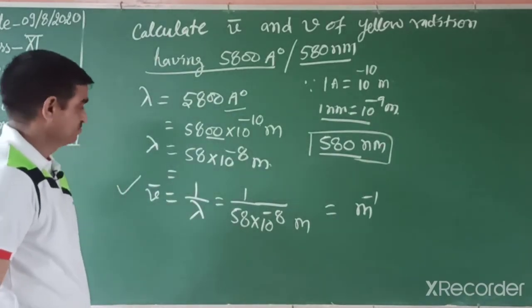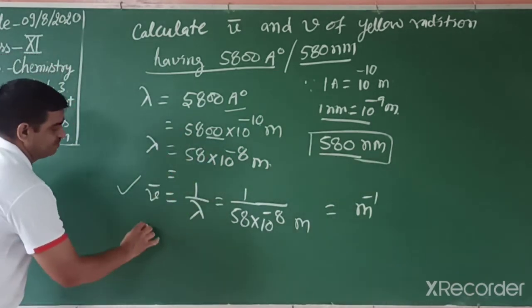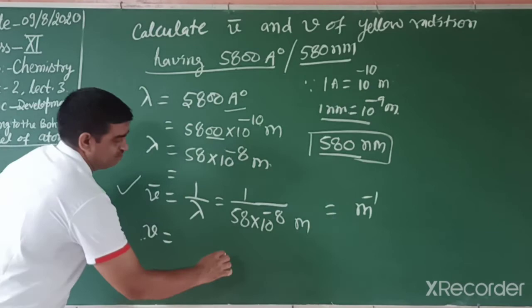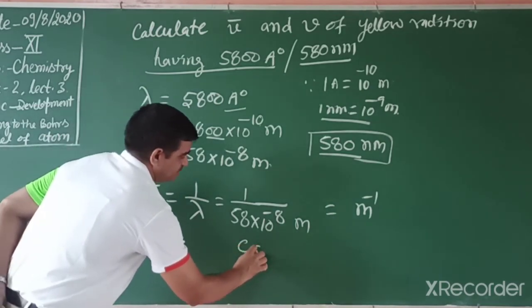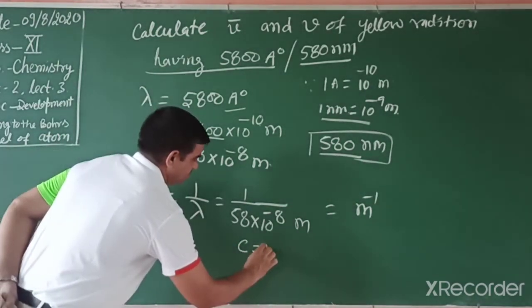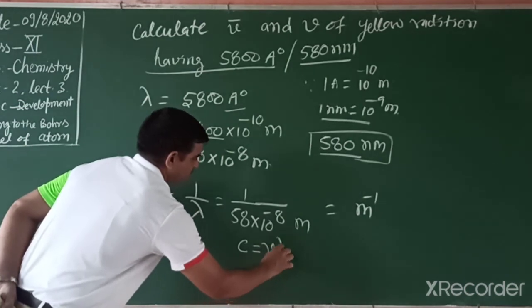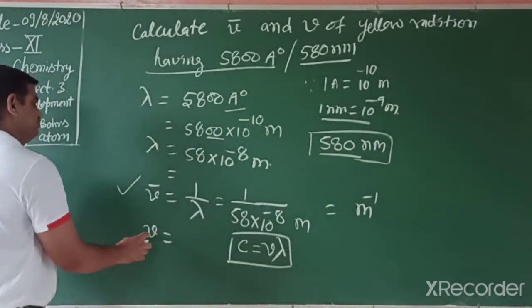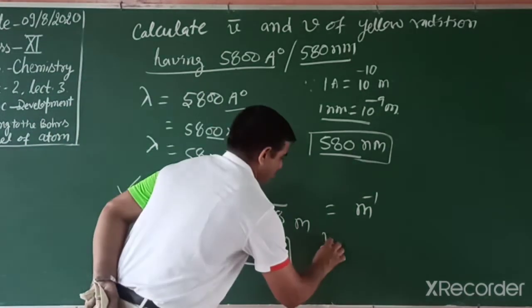Other one, we have to find frequency. What formula do we know? The wave equation, c is equal to nu lambda. This is the main equation. So how can we find frequency?